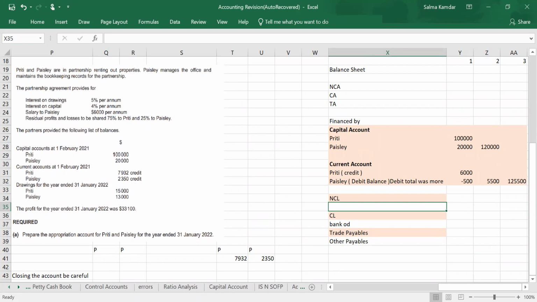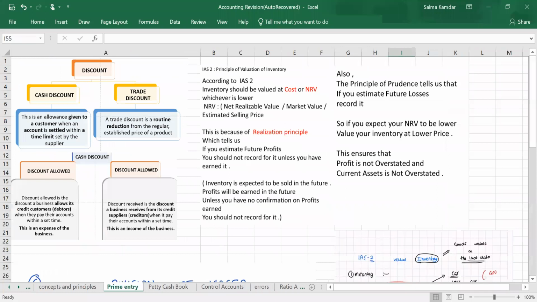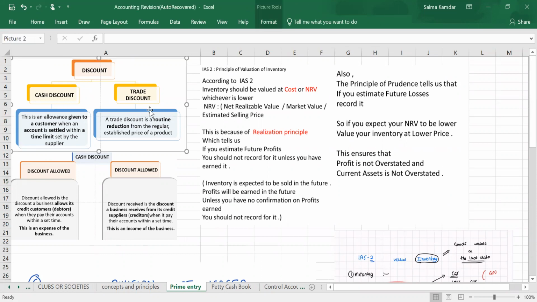Now let's talk about the cash book. Or you can tell me what are the different types of discount that you have. Two are there. One is cash discount, one is trade discount.